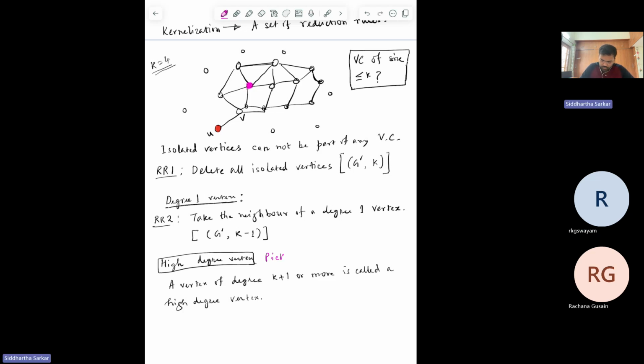And you have to, of course, update the parameter. So you have taken a vertex, so your budget has decreased by how much?